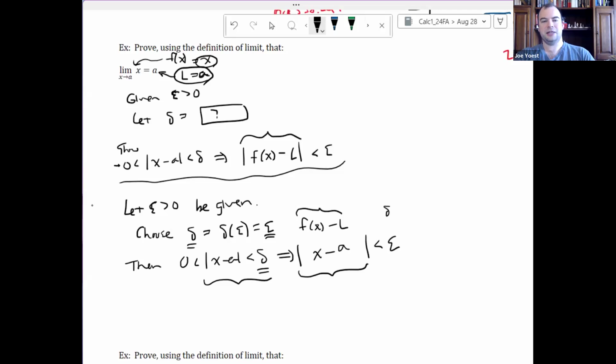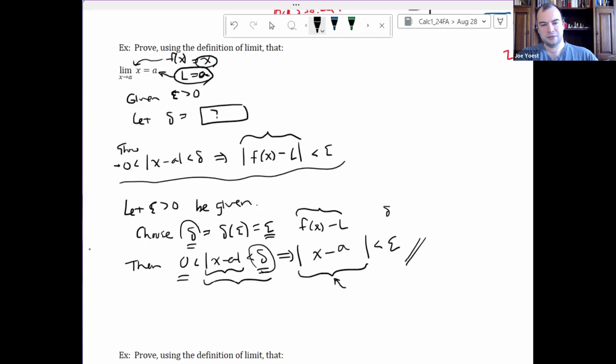So we've shown that if I choose x within delta of a, but not equal to a, then the output f of x equals x differs from L, the limit at a, by at most epsilon.